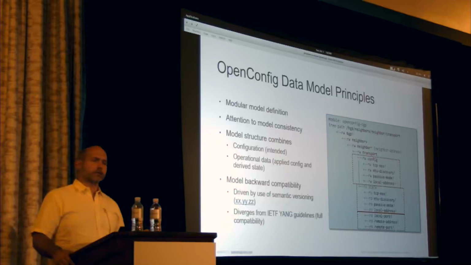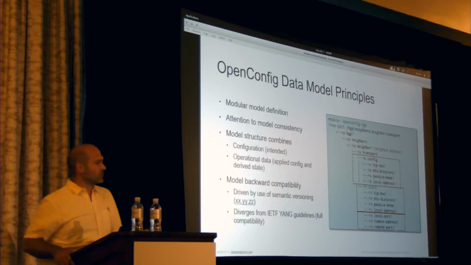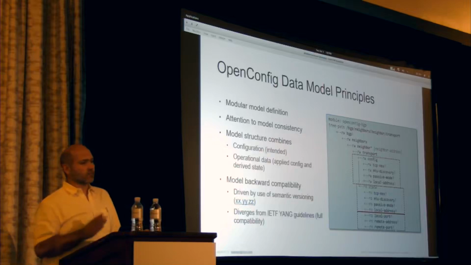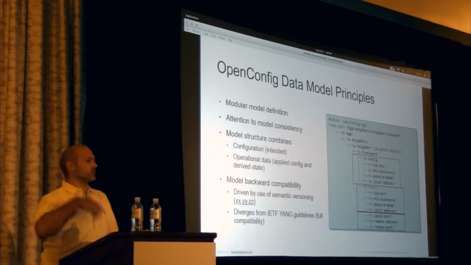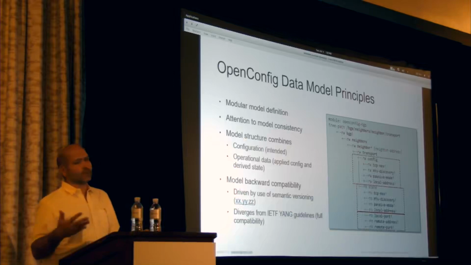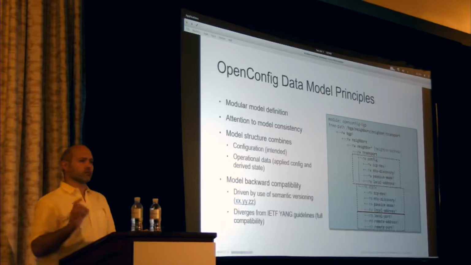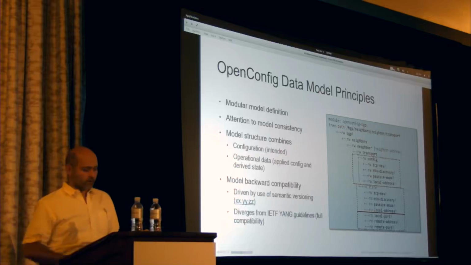And in Yang, at least the IETF recommendation is to make data models always backward compatible. That always comes at a big expense. It is okay when you start from a brand new model, but if you fast forward as models evolve throughout the years, they can accumulate a lot of changes. So I think semantic versioning opens the door for a very pragmatic approach to data models, in which you sustain backward compatibility to some extent, and you have some very well-defined points where you actually break backward compatibility.